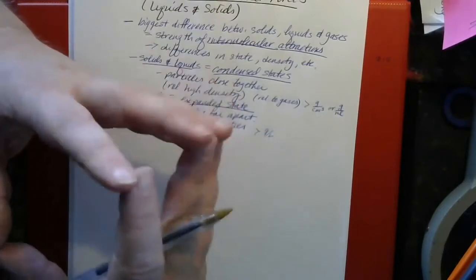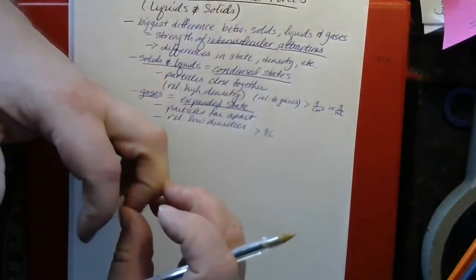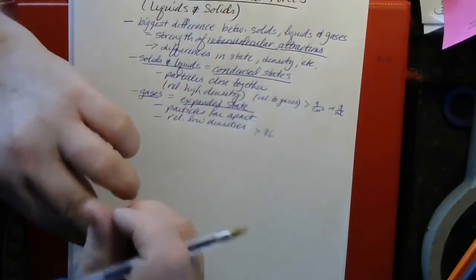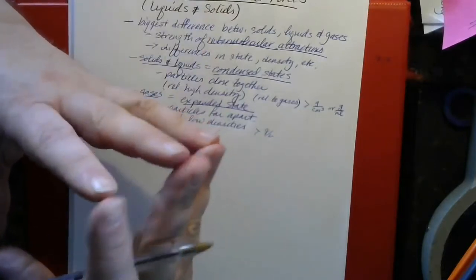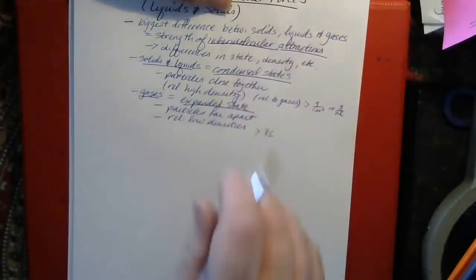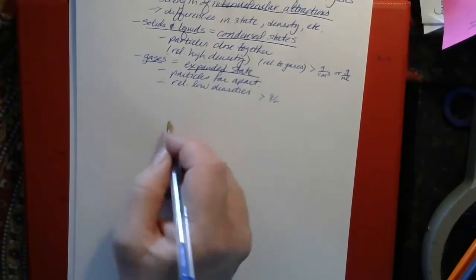And so water actually expands and gets less dense as it turns solid, which is very unusual. It's the only common substance that does that. And that's the reason, for instance, that ice floats. And that has certain consequences too, which we'll go over in more detail later in the chapter.